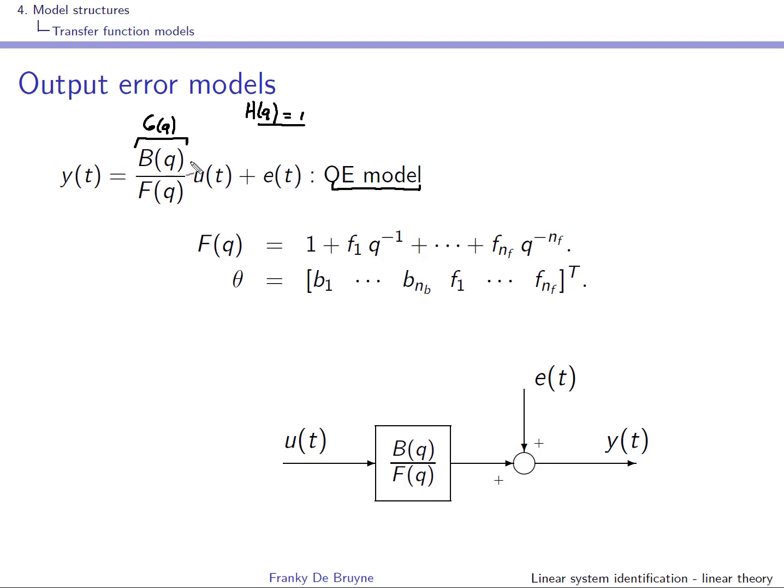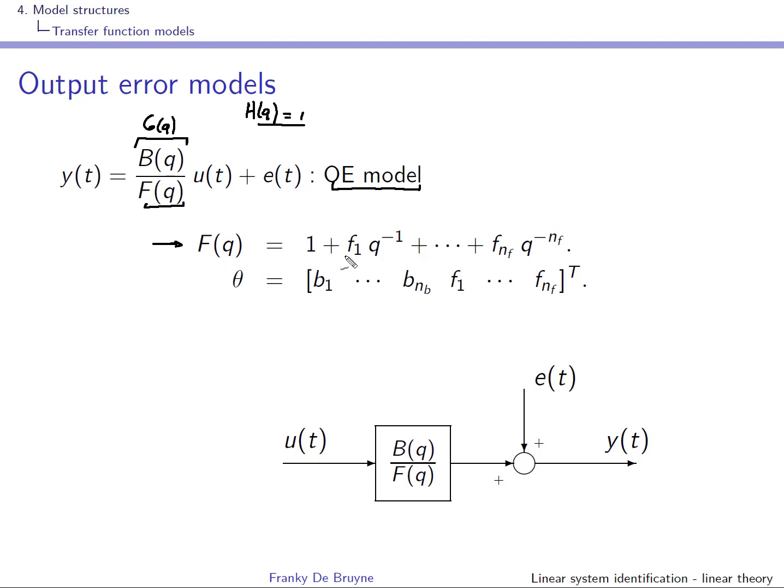Okay, so remember that we can have a delay nk, and here we'll use another polynomial F to distinguish with A, because when we use A we have this polynomial in common between G and H. Here this F only appears in the transfer function G, the input-output transfer function, but apart from that F takes the same form.